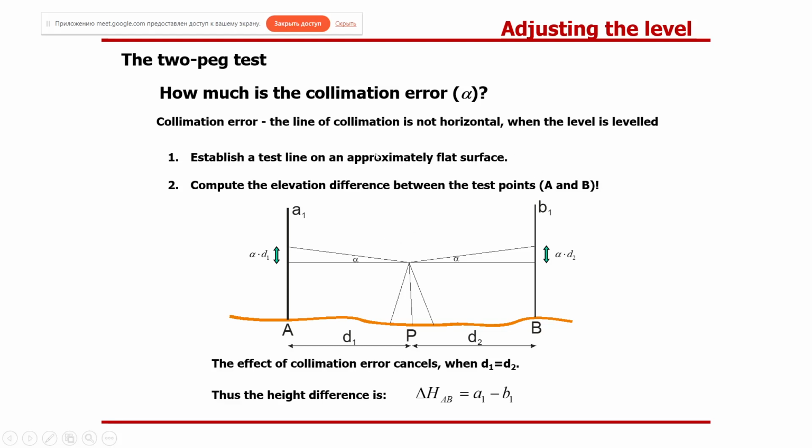Collimation error alpha is when the line of collimation is not horizontal when the level is leveled.